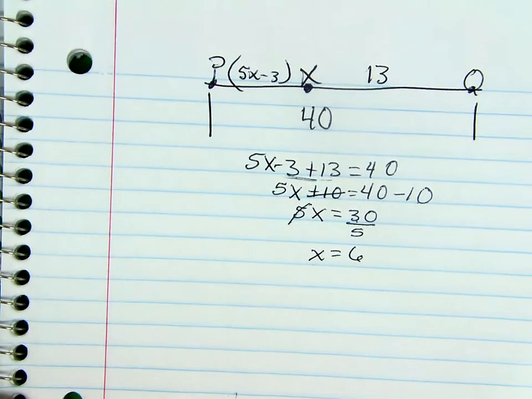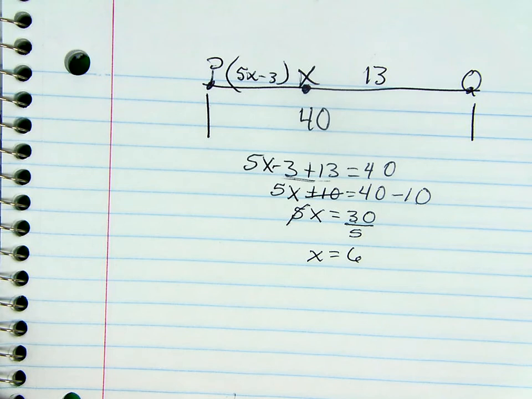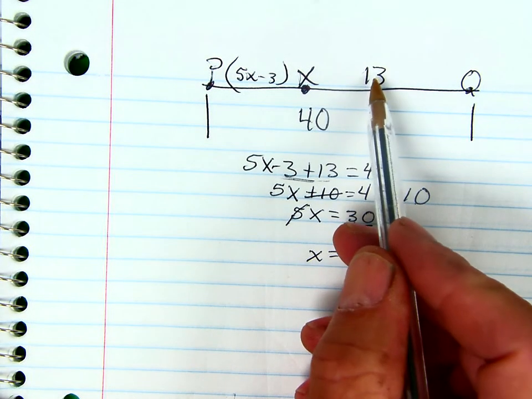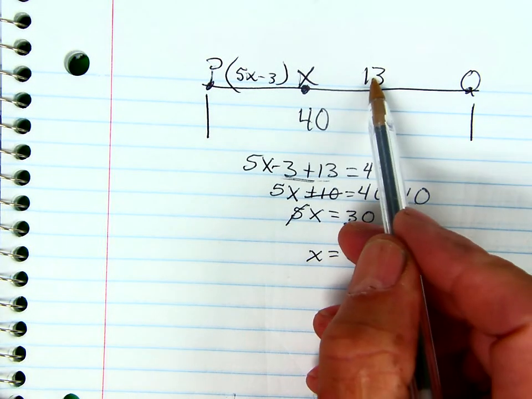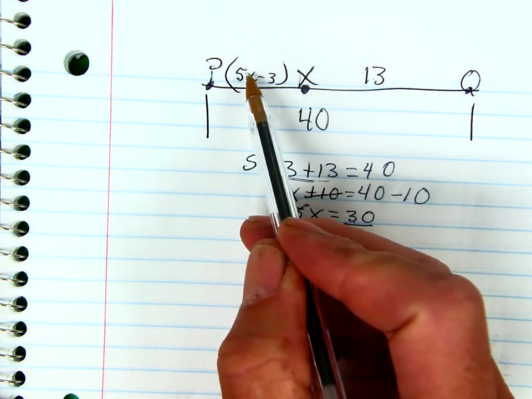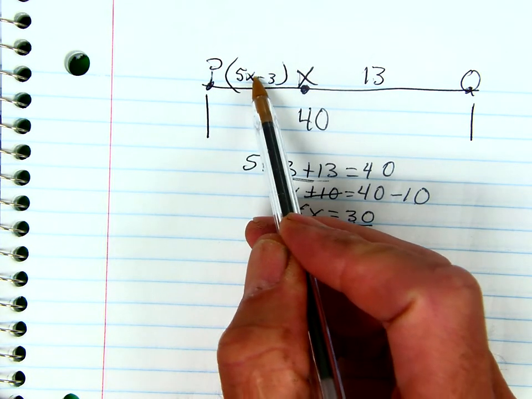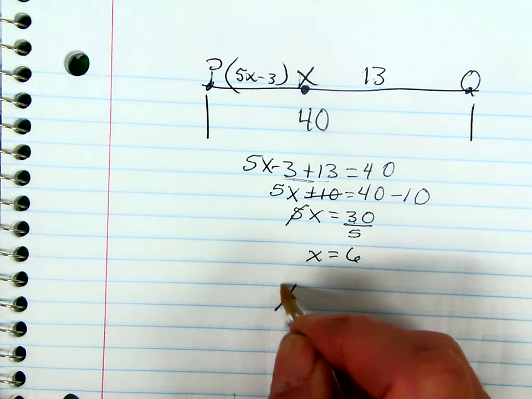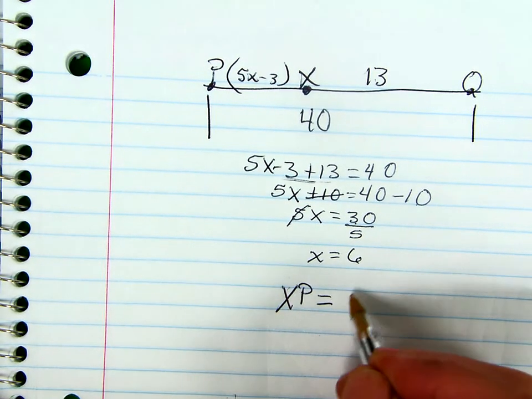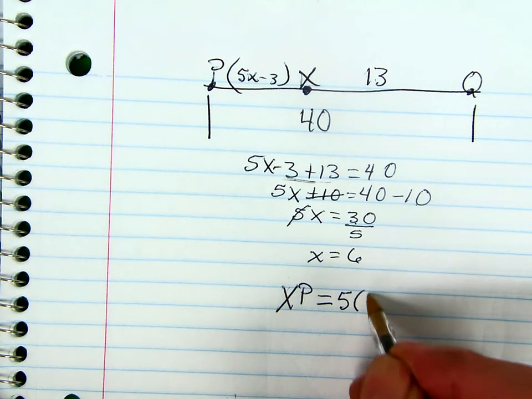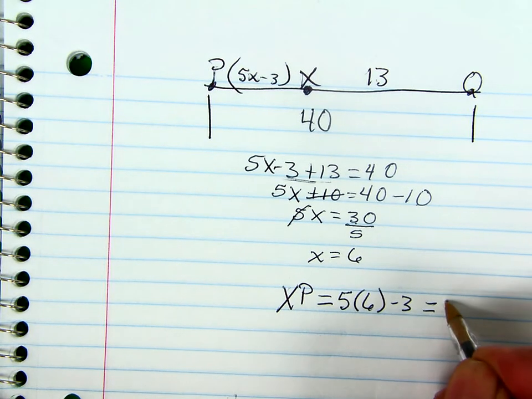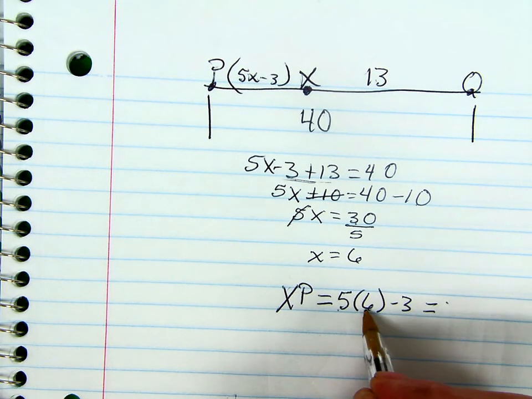Now to find the distance from x to p, you've got choices. It's either 40, take away 13, the total take away the part, or you just plug the number for x in here. Either way, you'll get the same answer. From x to p equals 5 times 6 minus 3 equals 5 times 6 is 30.